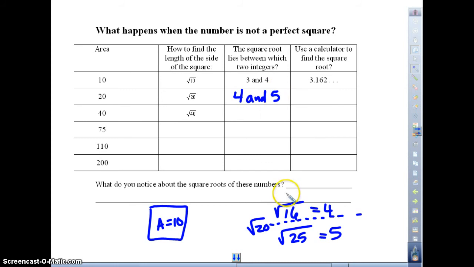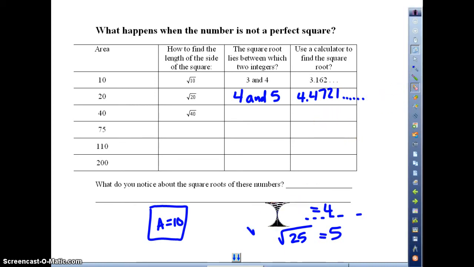And I've got my calculator handy, and the actual answer, if you plug it into your calculator, is 4.472135, on and on and on. The number never ends. We say it never terminates and it never repeats. Okay?